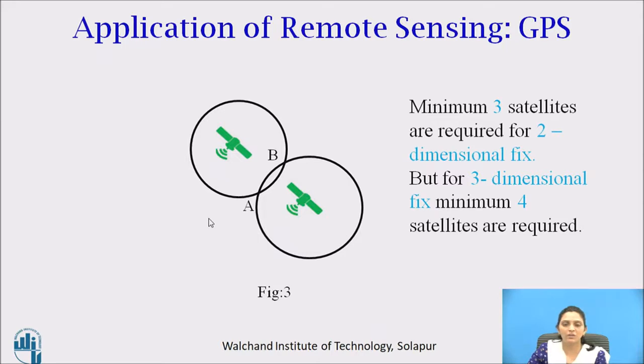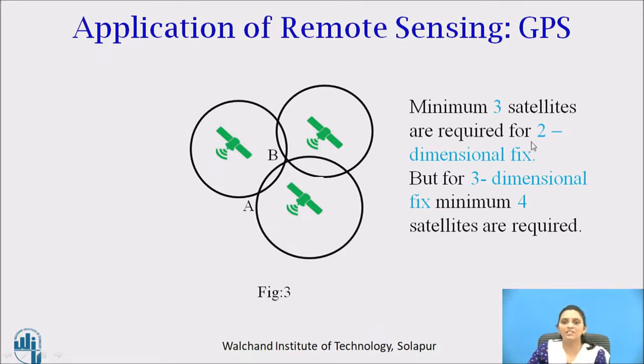So this is also insufficient. So we need information from a third source. So use a third satellite and use the information given by the third satellite. By referring to that information, it is confirmed that B is the correct position of the object.